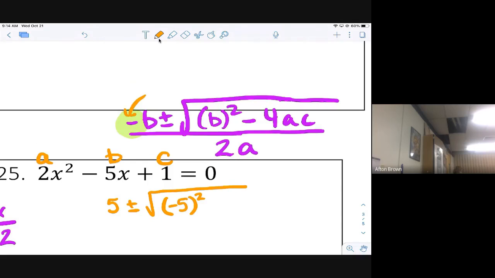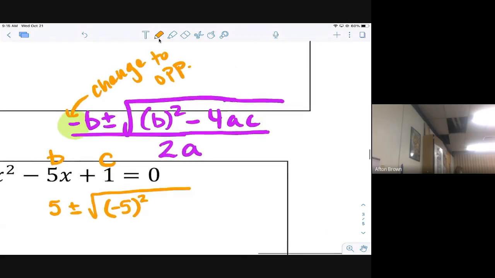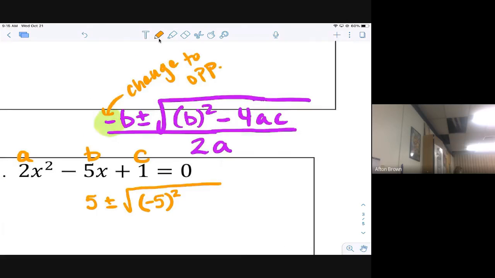So again, in our higher math, anytime we see a minus sign or negative sign, it's like change to opposite. And if you didn't remember that, that's a good reminder. I'd write that in my notes. There's nothing wrong with not remembering, but help yourself out for the future.